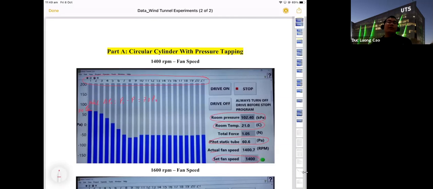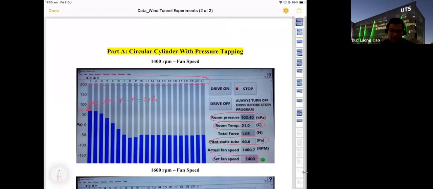It means the pressure inside hole 1 is higher than the free stream pressure inside the chamber by 70 Pascal. From hole 1 to around hole 5, the pressure inside the hole is higher than the free stream pressure, but from 6 to 21 it is negative. It means the pressure inside the hole is smaller than the free stream pressure.